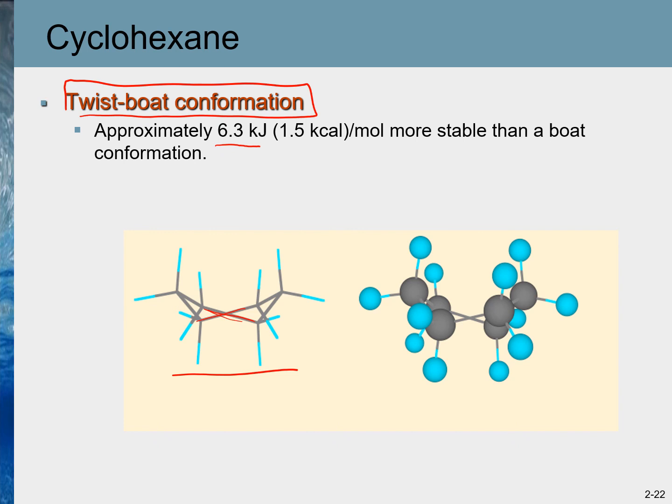One thing to be noted here is that there is an energy barrier. The boat conformation is less stable than the chair conformation, and in order to go from chair to boat we need energy.